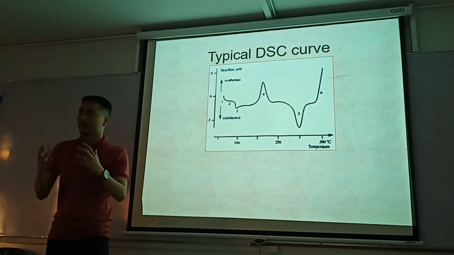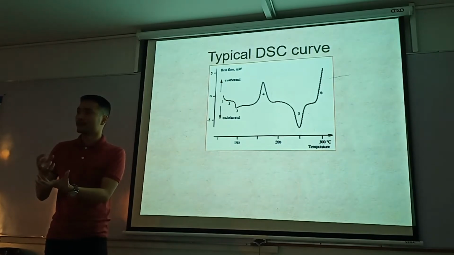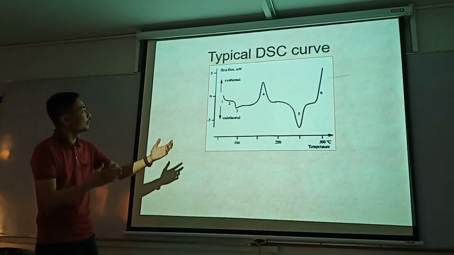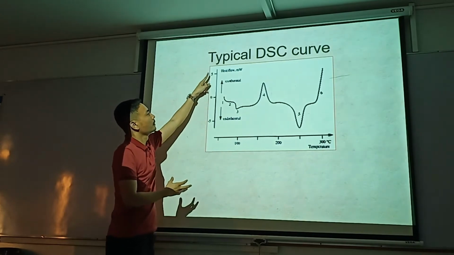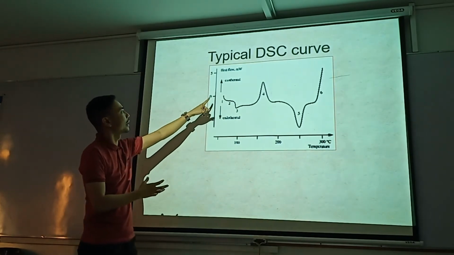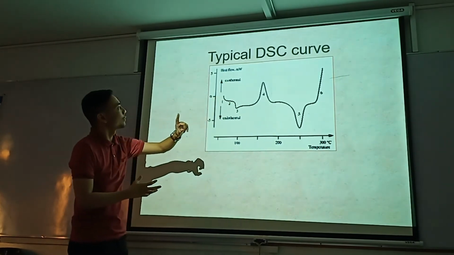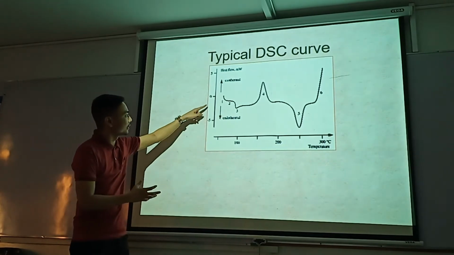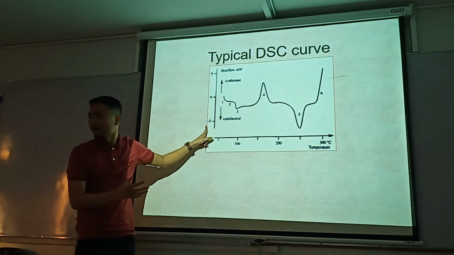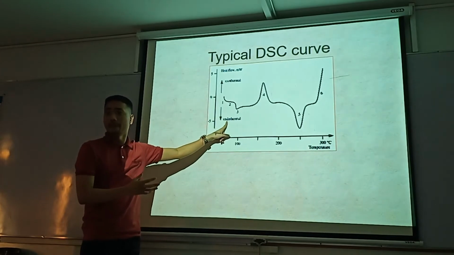Now, we can see whether the material is absorbing heat or releasing heat. If we have a positive value, that is what? Exothermic. If we have a negative value, that is endothermic.